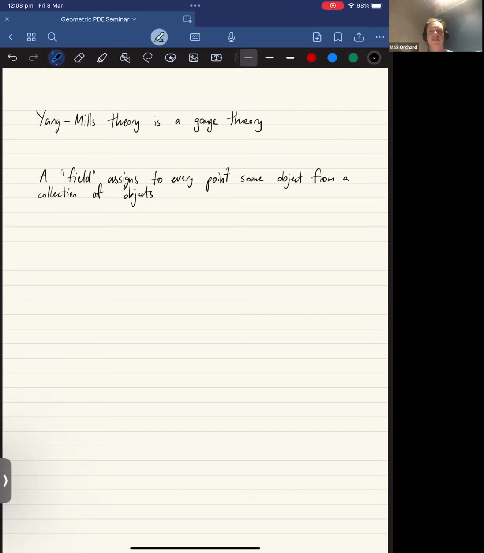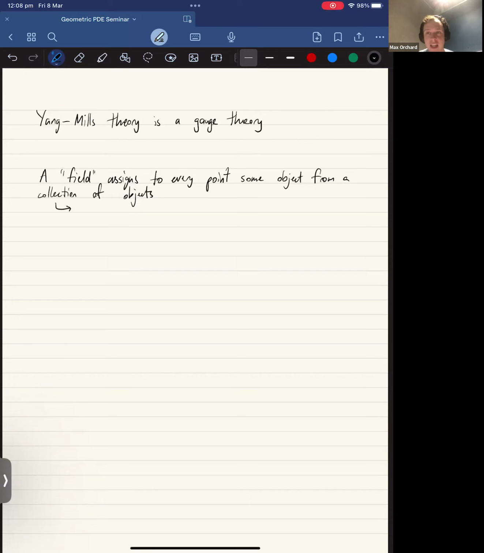So you can also assign vectors, but you don't just have to assign a scalar or a vector. You can really assign quite a lot of things. For example, a stress energy tensor, or the phase of a certain electromagnetic wave. But the idea is at every point, we attach to it some sort of collection of objects, and we can pick a certain object in that collection to get a field.